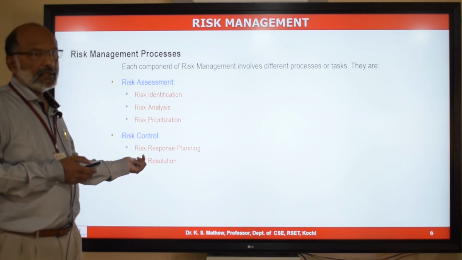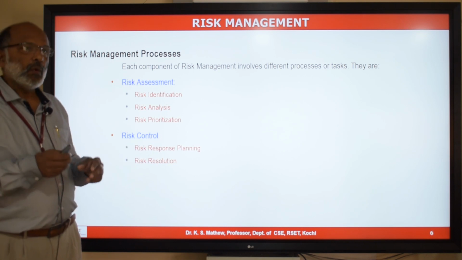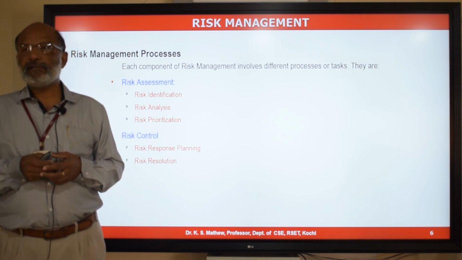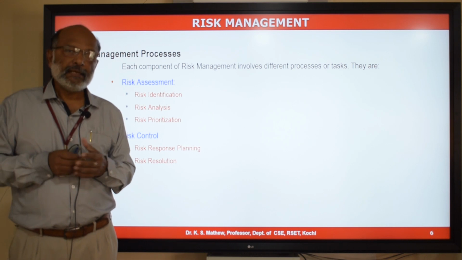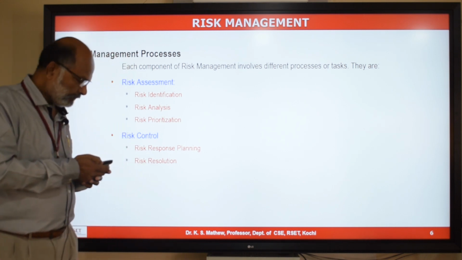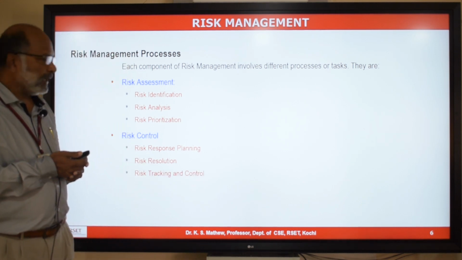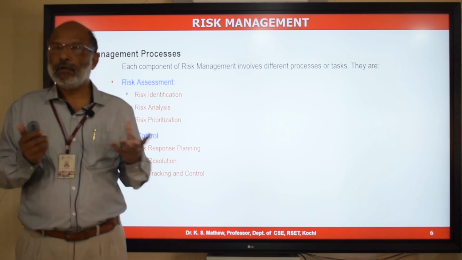That is what is done in risk resolution. We will look at what are the resolution options a project manager can have in order to address various risks in the project. And the third process coming under risk control is risk tracking and control.